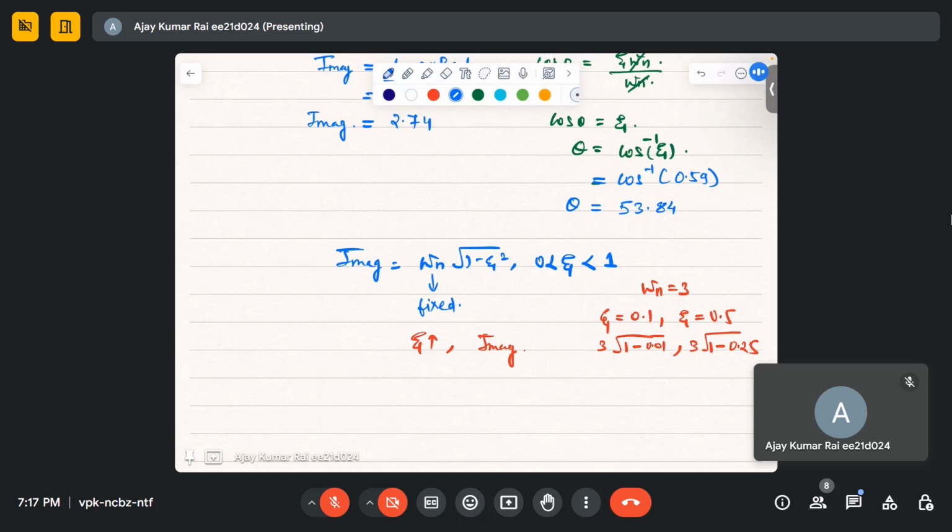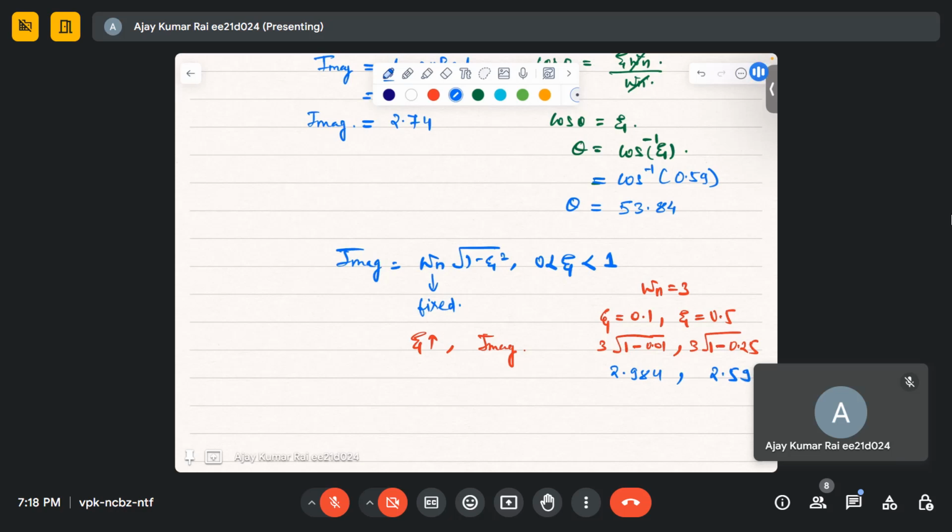This is 3 into root of 1 minus 0.1, which is 2.984, and this is 3 into root of 1 minus 0.25, so this is 2.59.